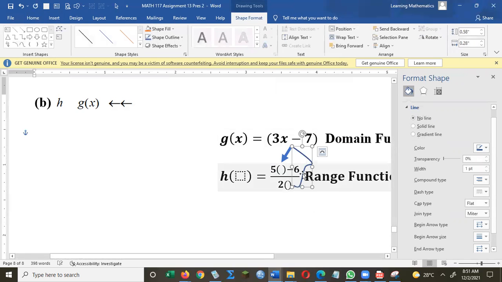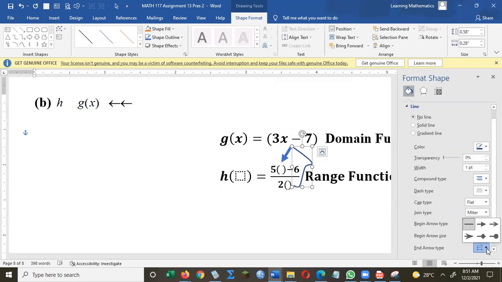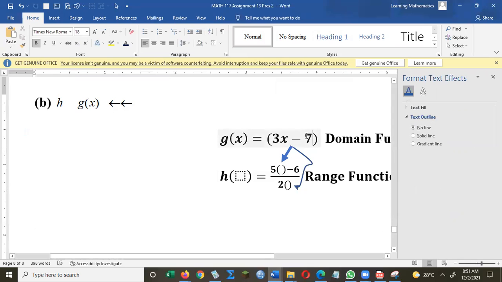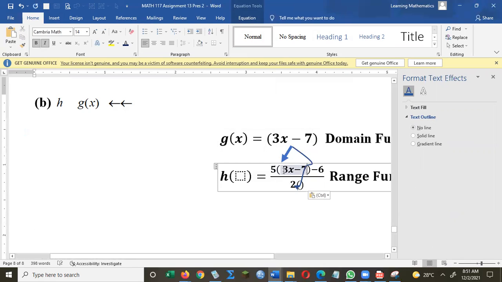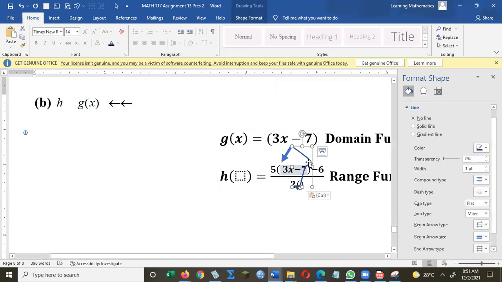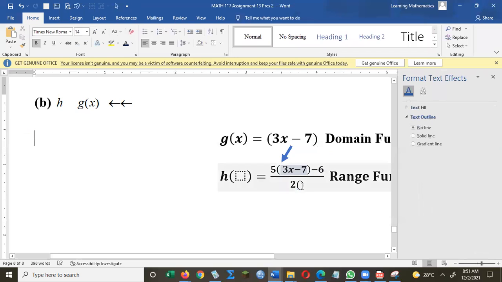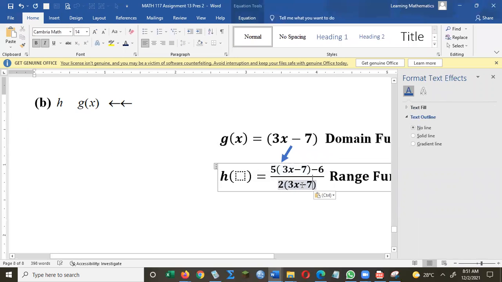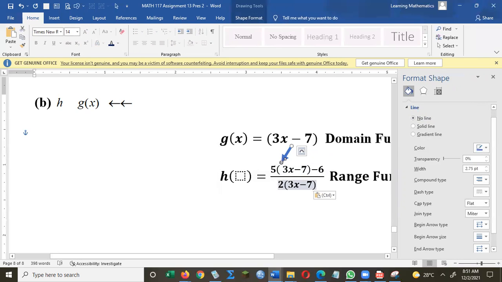Exactly, that's the bracket of the range. Always for the range, we have to put the brackets, so we can put something into it.